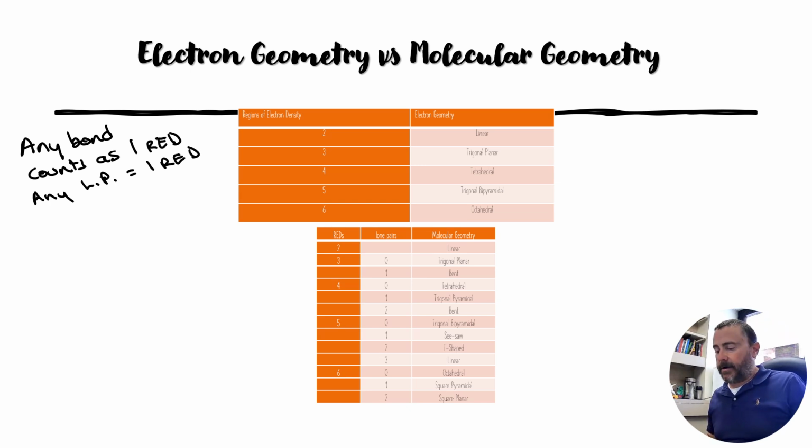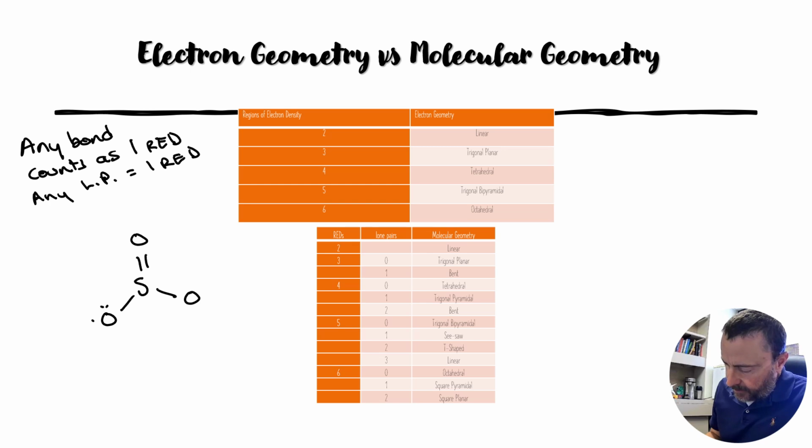And any lone pair counts as one region of electron density as well. Okay, so if we had this, we only care about the central atom. We don't care about the ones that are around it. So we're only caring about this. We're talking about the shape. We look at the central atom.